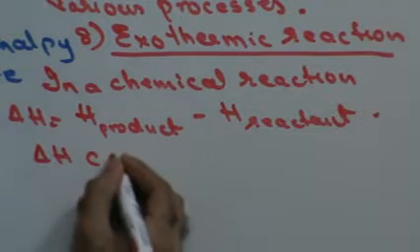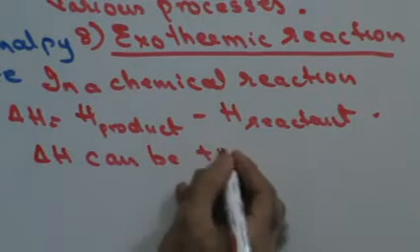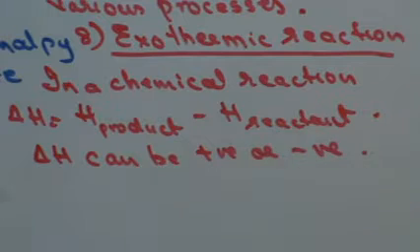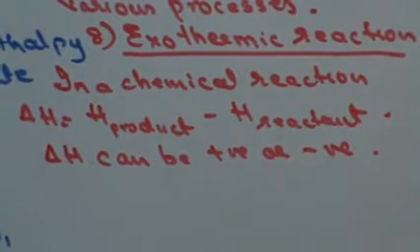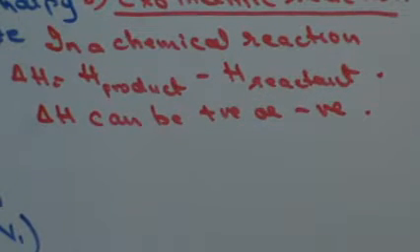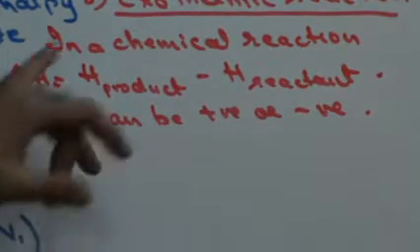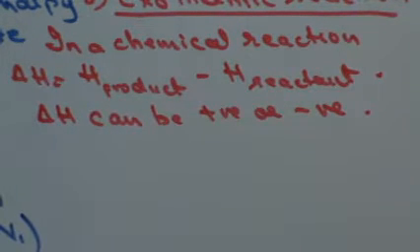Depending on whether it is positive or negative, it will tell you whether heat has been absorbed or evolved. If delta H is positive, that means the reactants must have absorbed heat and got converted into product.